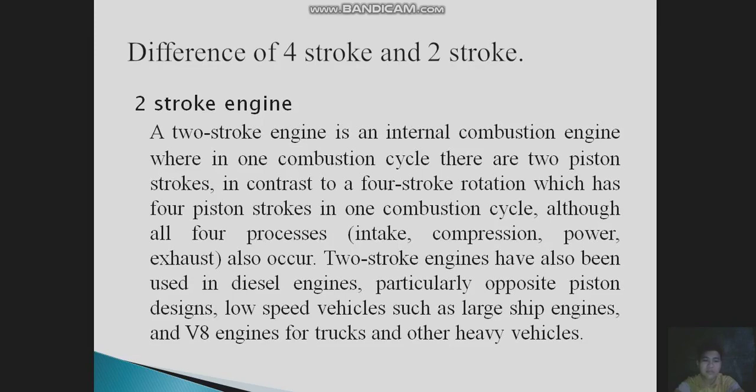The four processes are intake, compression, power, exhaust. Two-stroke engines have also been used in diesel engines, particularly the opposed piston design, low speed, especially such as large ship engines and V8 engines for trucks and other heavy vehicles.